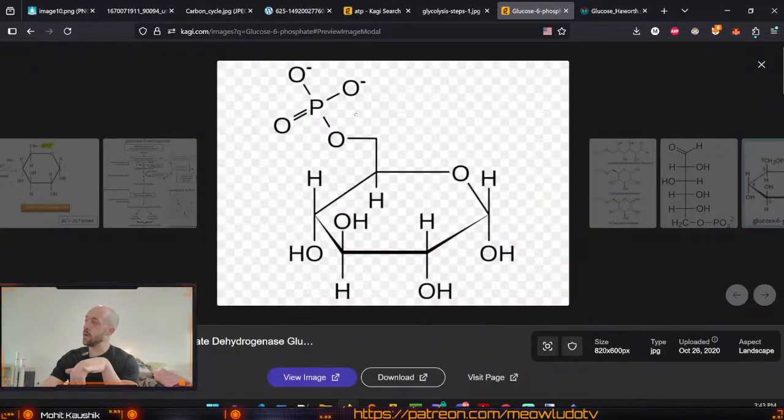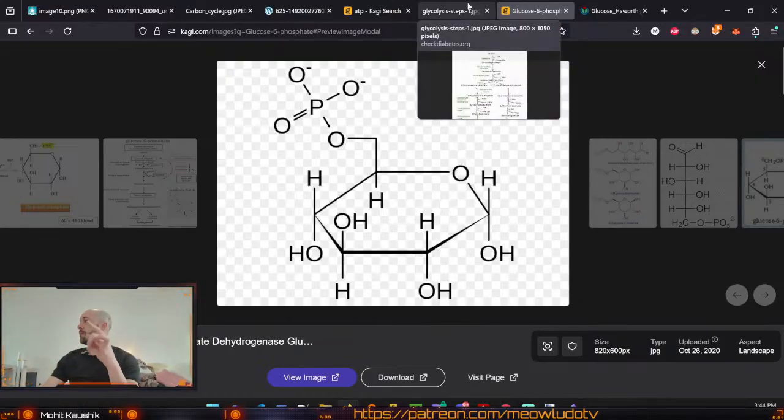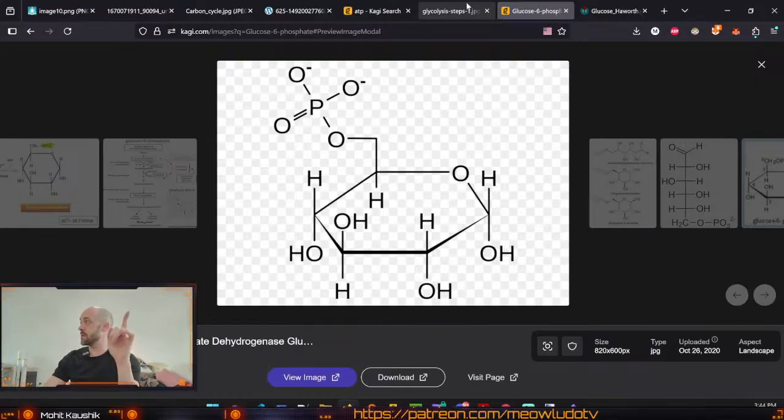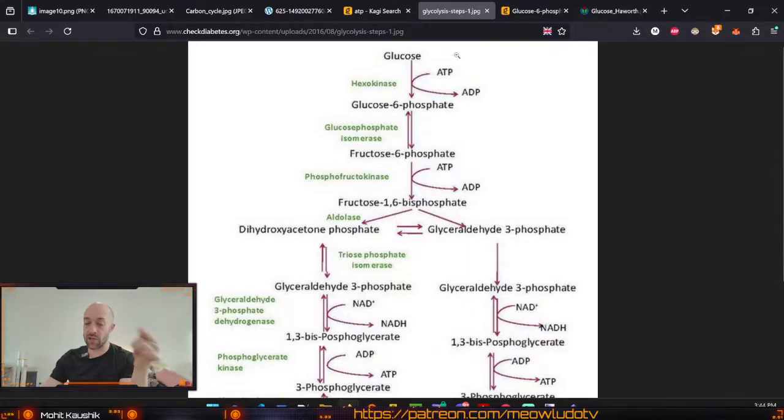We've taken off the hydrogen and we've added a phosphate group from ATP. Now we've got glucose 6-phosphate. That required 1 ATP. Remember this because this will be important. We're investing energy in and later on we're going to get it back. But even though it makes quite a lot of energy, we have to invest a lot of energy too.